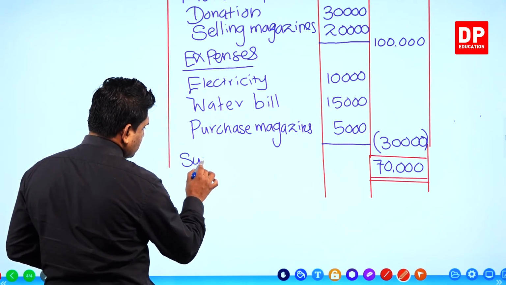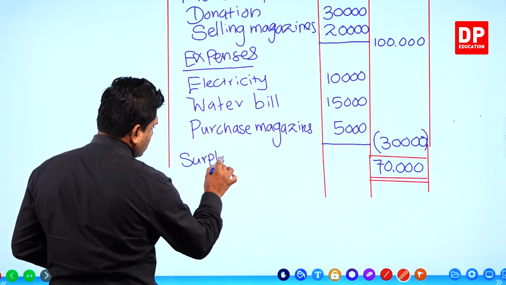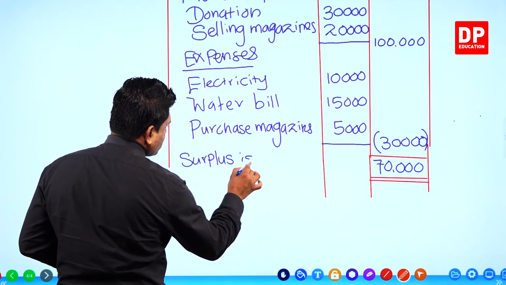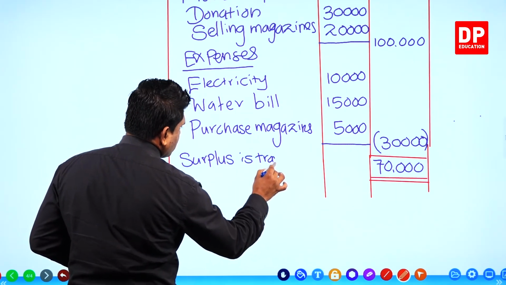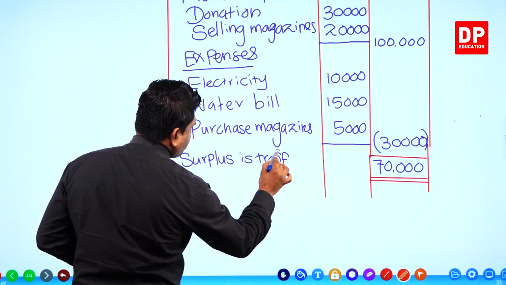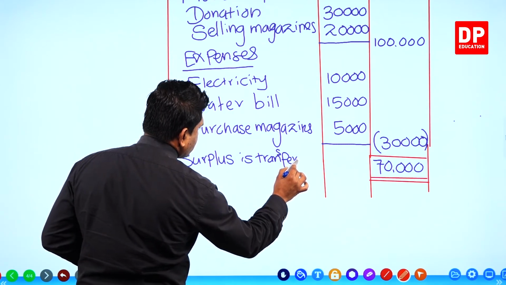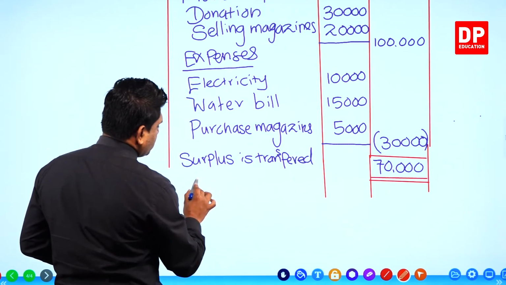Surplus is transferred to the accumulated fund.